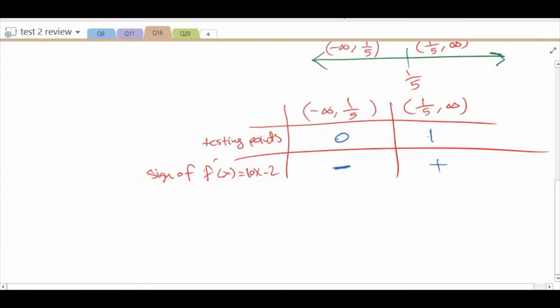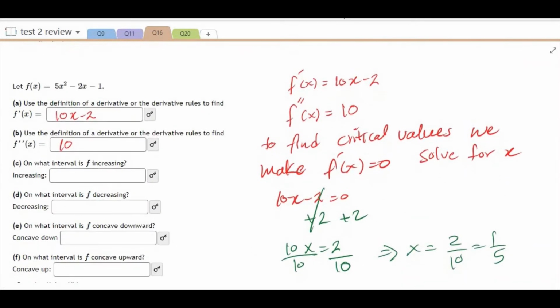After I found the sign of the first derivative on each of these intervals, I can say that the function is decreasing on the interval from negative infinity to 1/5, and it is increasing on the interval from 1/5 to positive infinity. So to answer the question, we say that the function is increasing on the interval from 1/5 to positive infinity, and the function is decreasing on the interval from negative infinity to 1/5.